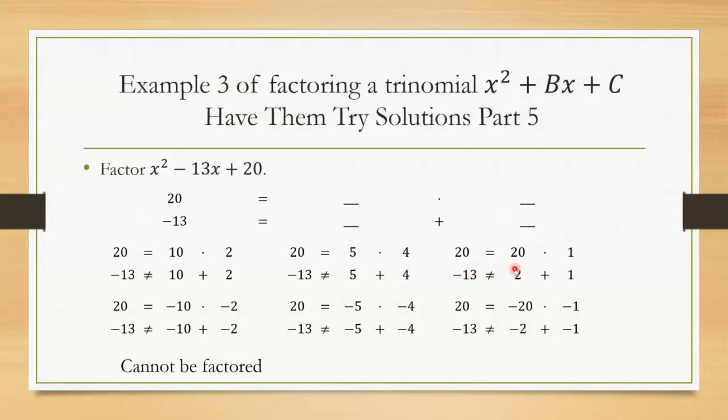If you were to actually go through all the possible pairs of numbers whose product is 20, it turns out none of them are going to work. So in fact, this one cannot be factored. So again, you're looking for all pairs of integers whose product is 20, but you want the sum to equal negative 13.